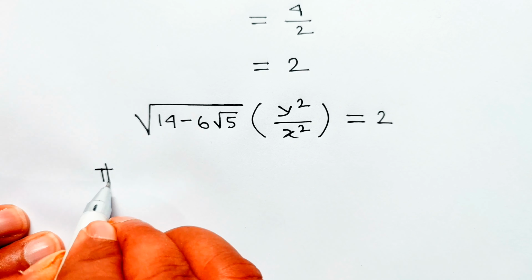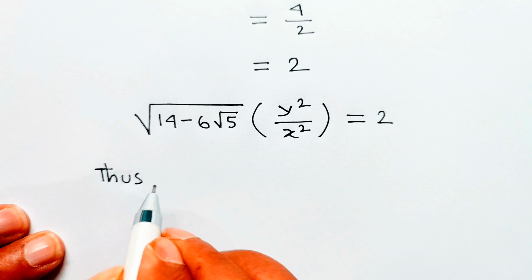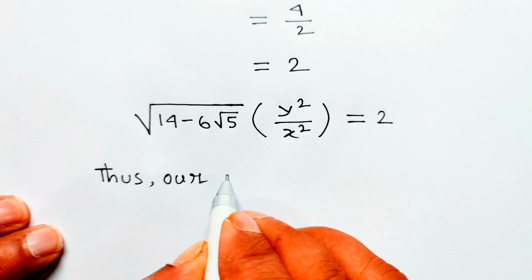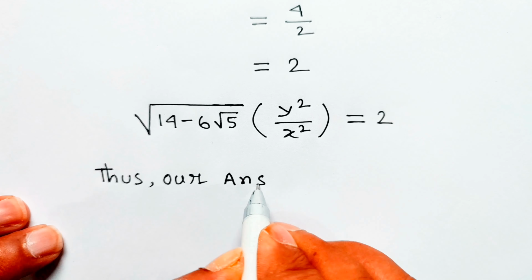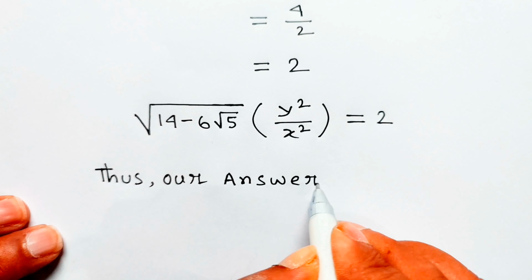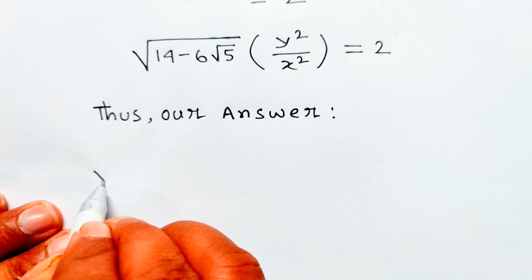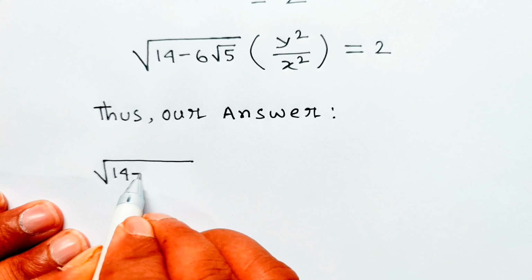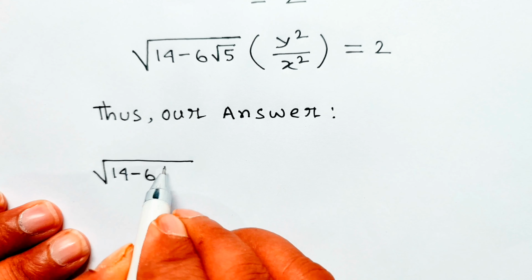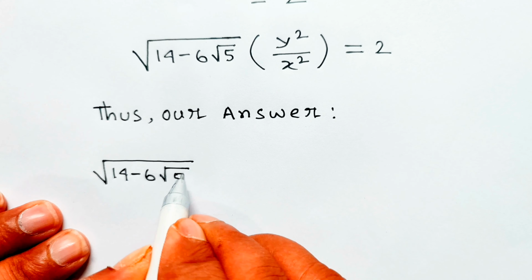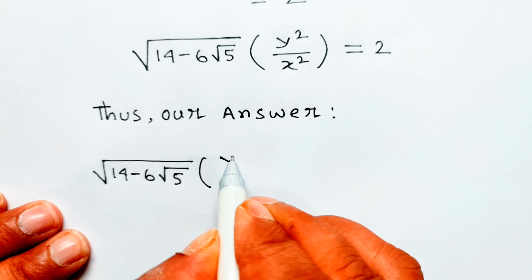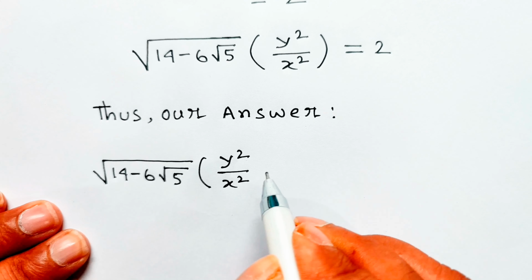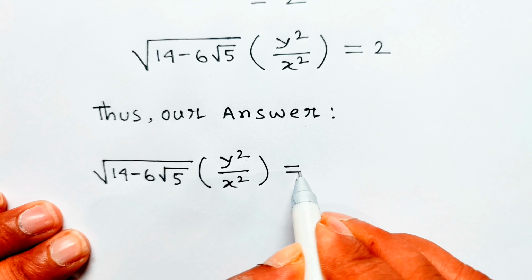Thus, our answer: under root of (14 minus 6 root 5) into y square divided by x square equal 2.